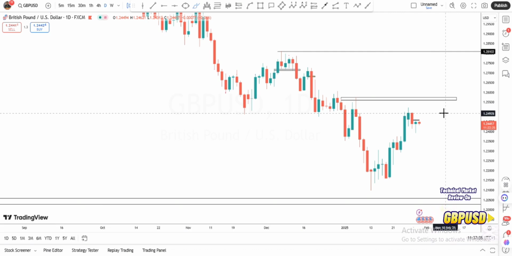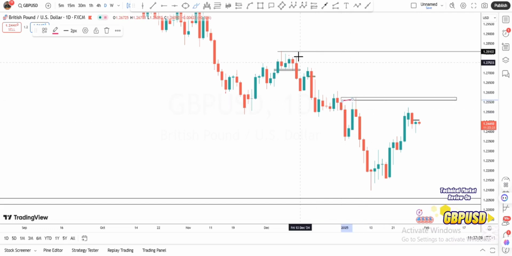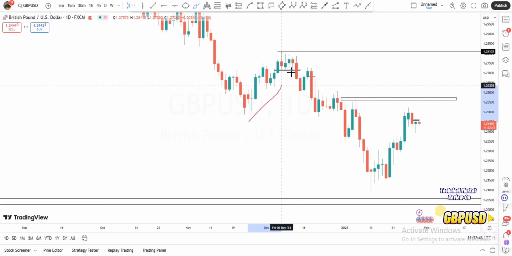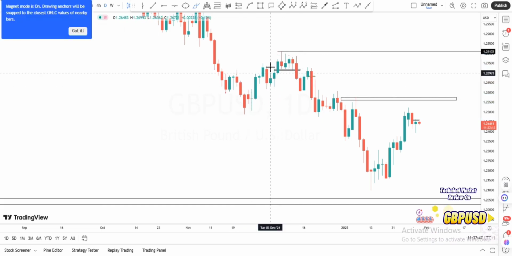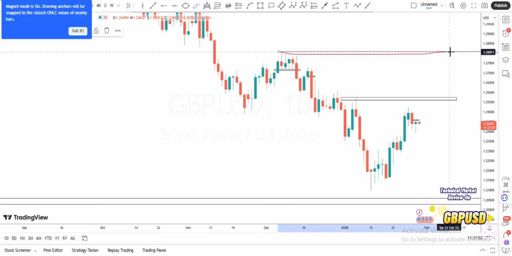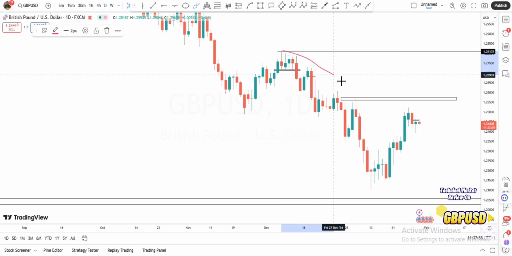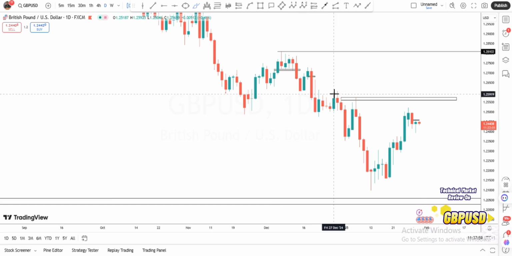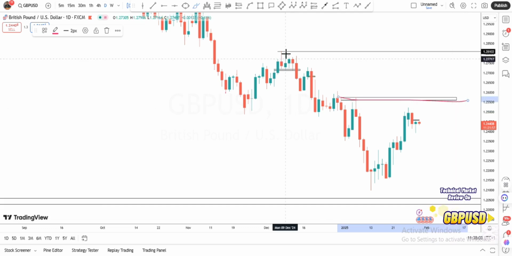So we've marked our structure for this downtrend. This is the previous correction, right? And if you guys remember, this was the previous high we identified on the weekly. So right here we have a whole new trend. If price breaks through the resistance structure, then this downtrend has ended.